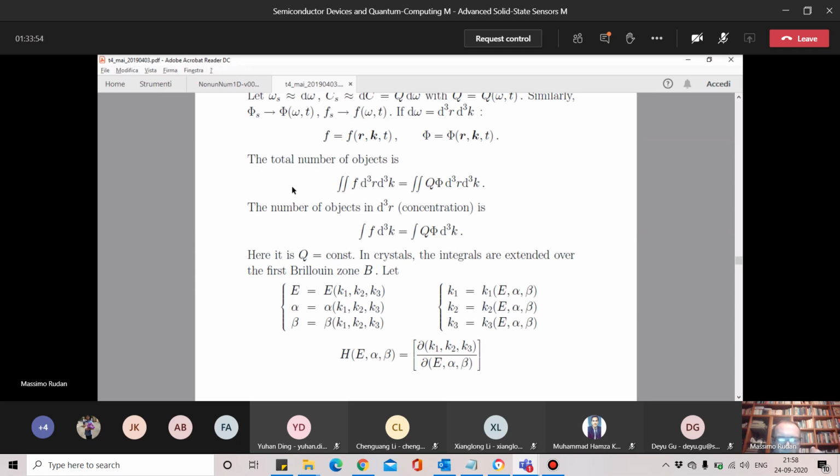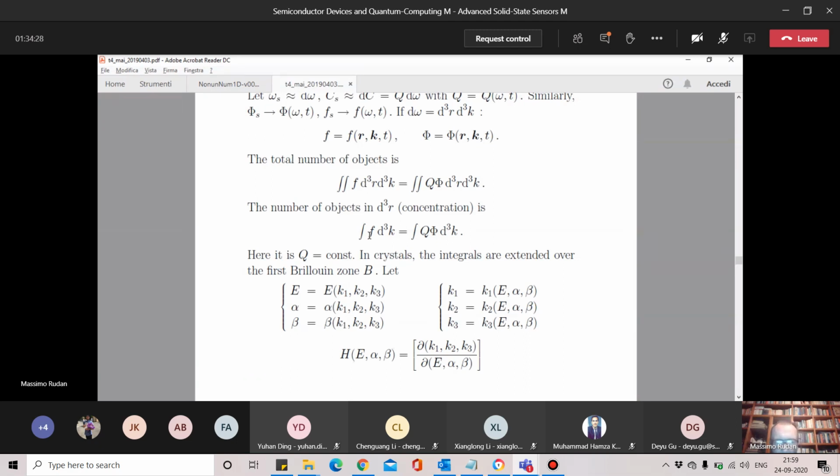We may perform the integration over K first. So we integrate over K the distribution function f, okay? So the integration over K gives you a function in which there is no dependence on K anymore because we have integrated over K. So this integral depends only on position R and time.